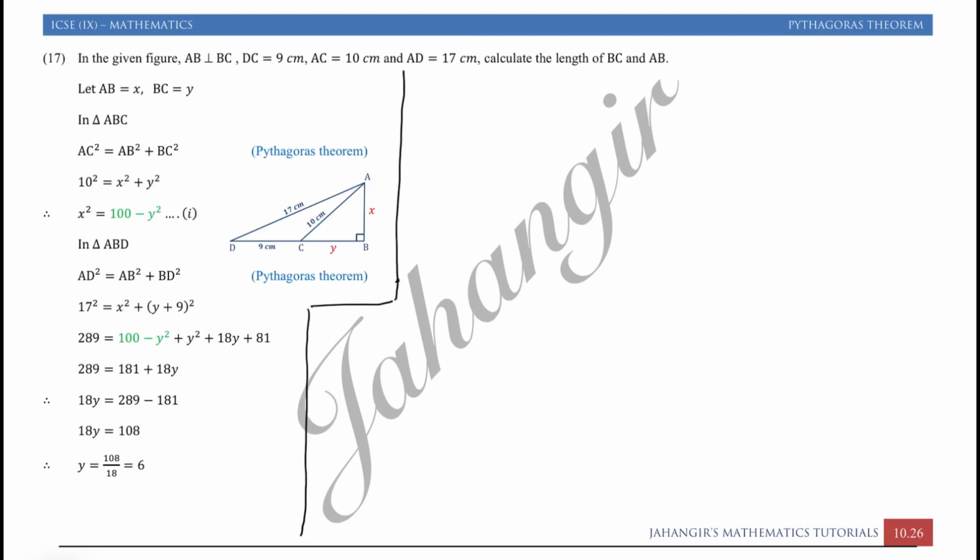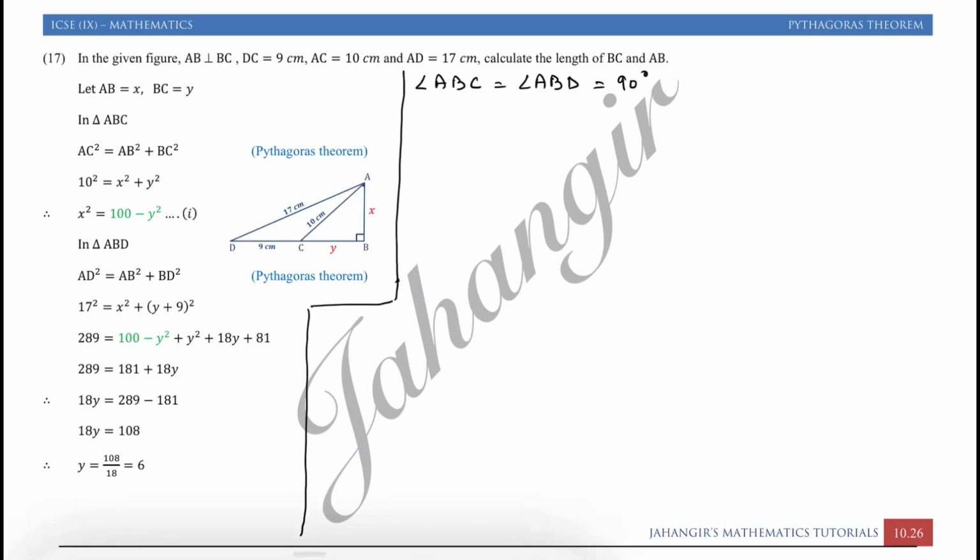In the given figure, AB is perpendicular to BC. That means angle ABC is 90 degree. Angle ABC, or you can say angle ABD, both are the same, both are 90 degree. DC is given as 9 centimeter. This is DC. It is given as 9 centimeter. AC is given as 10 centimeter and AD is given as 17 centimeter.